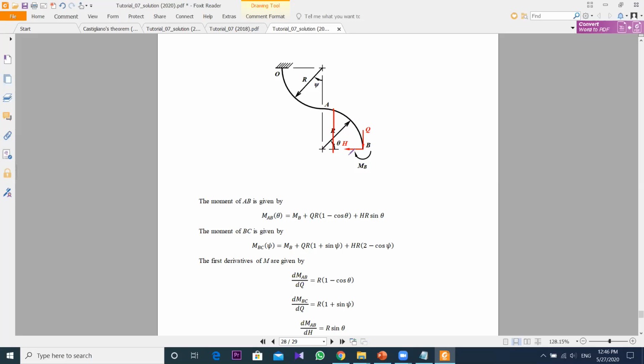They consider this general point, not somewhere here, this point. This is R, and this is R cos theta. So you can subtract R cos theta from R. Are we clear? Okay, so then it is this value for the Q. Then H R sin theta is not a problem. In here also the same thing.